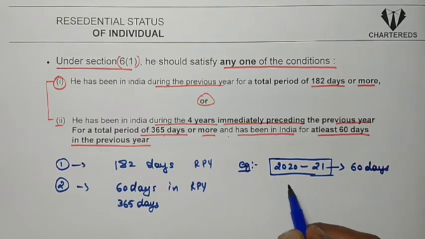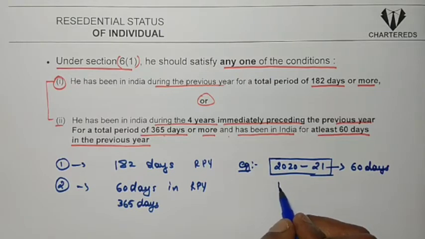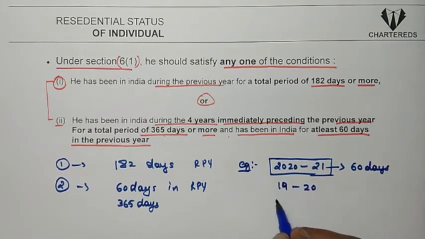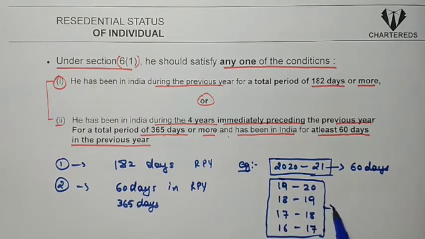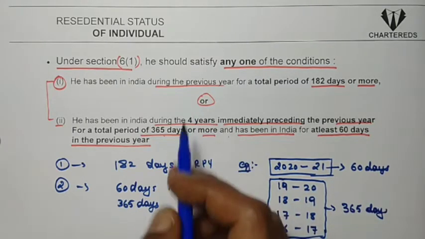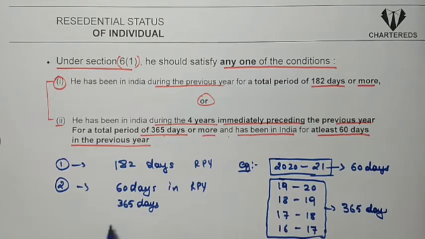Preceding 4 years means 2019-20, 2018-19, 2017-18, 2016-17. In these 4 years, he should stay for 365 days. If he satisfies any one of the conditions, he will be resident.